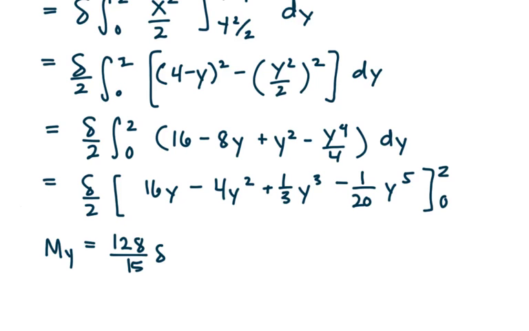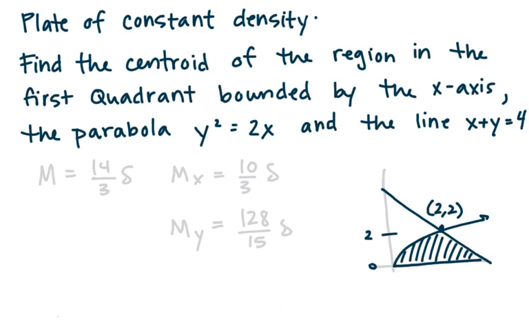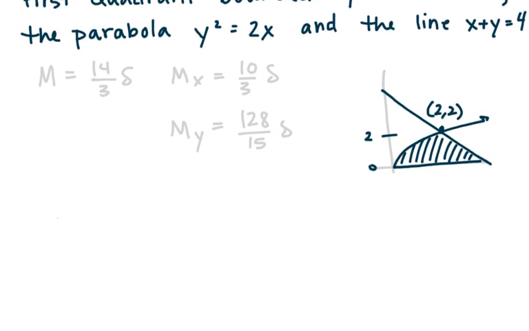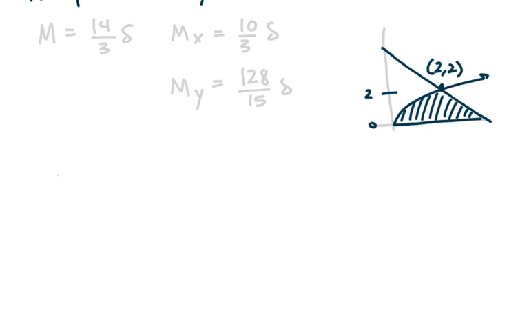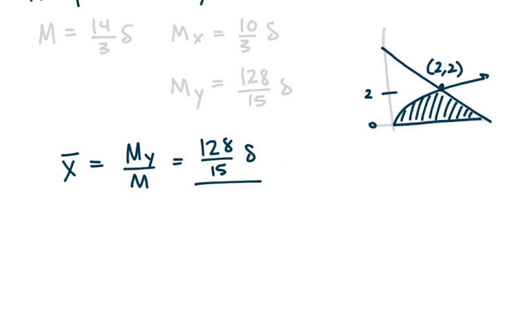All right, so clean it up, go back up to the top. So here we have our mass and our first two moments about each axis. So in order to find x bar, it is going to be m sub y over m, or 128 over 15 delta divided by 14 over 3 delta.